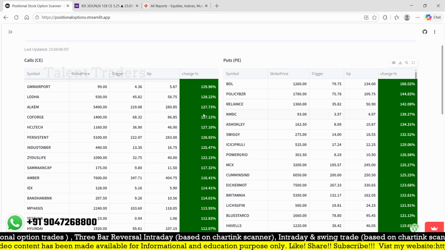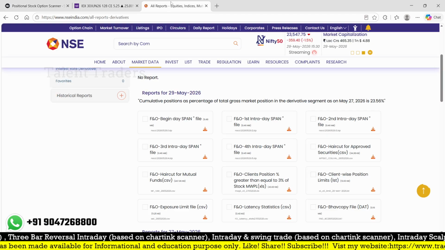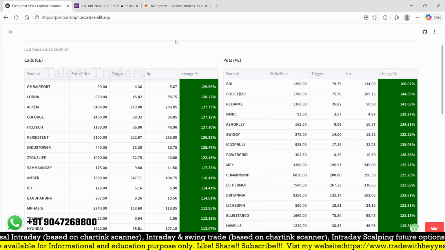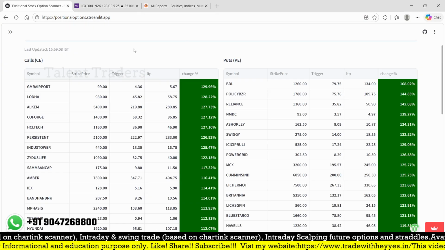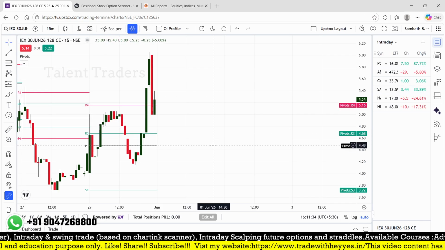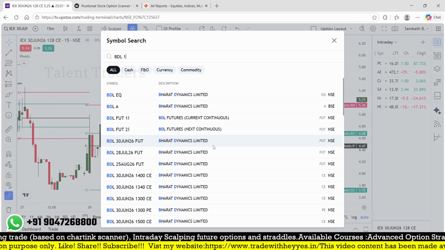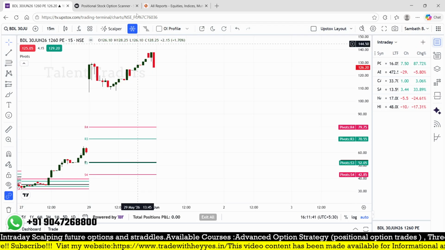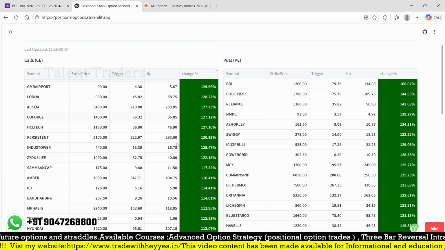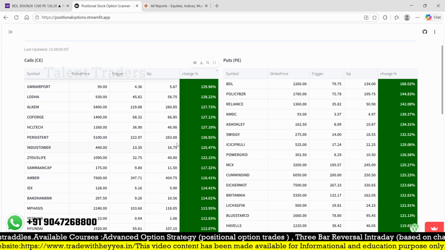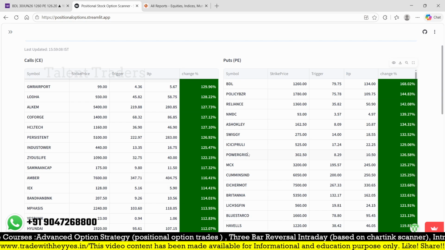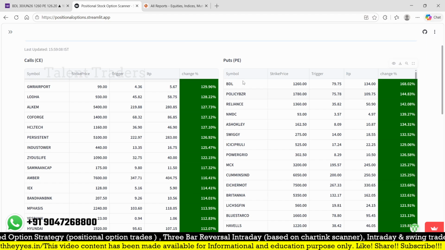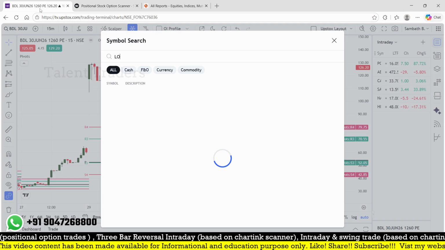Let me check on the put side, like BDL 1260. This is not a valid one because today we ran this after 9:30, that is why it is showing some issue. Okay, so PolicyBazaar 1780.